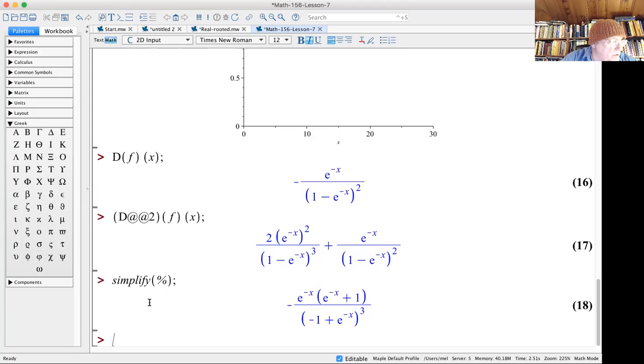The next problem is the iterated logarithm. So f is the function, x goes to the log of log x.